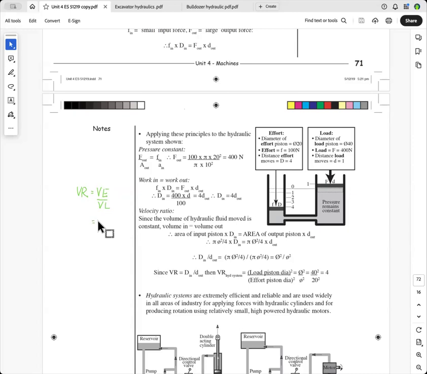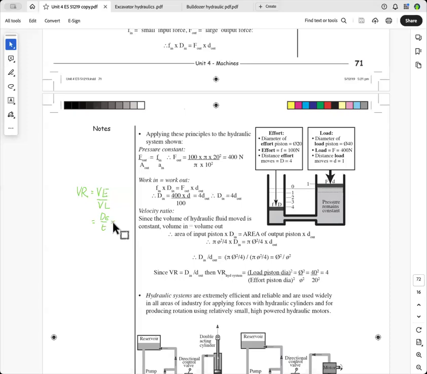But velocity of the effort is the distance that the effort moves over time. And the velocity of the load is the distance the load moves over time.